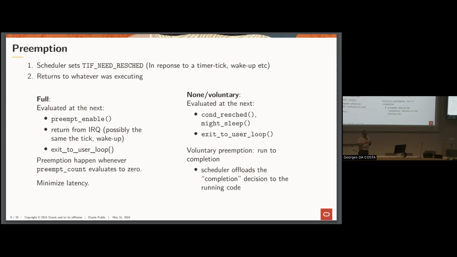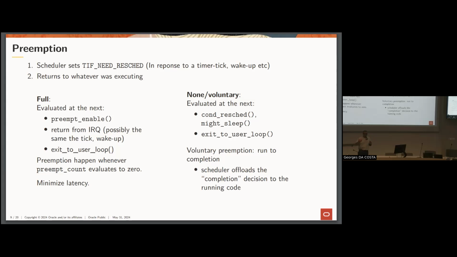If not, then you can always eventually preempt at exit to user. Full preemption works like this because you want to minimize latency, so you do this as soon as possible.